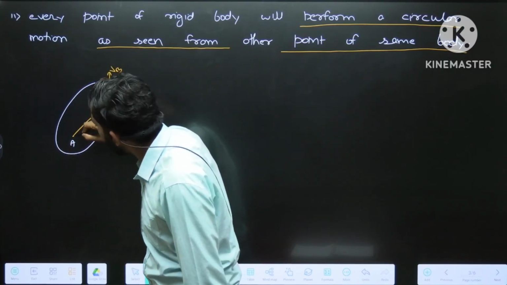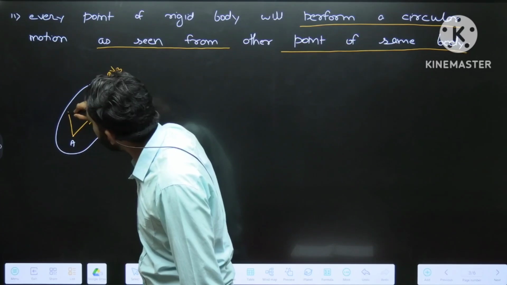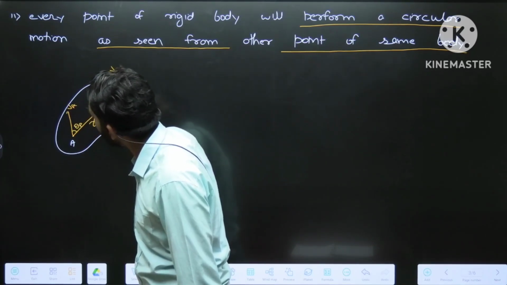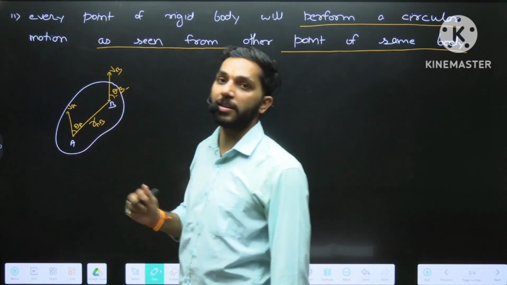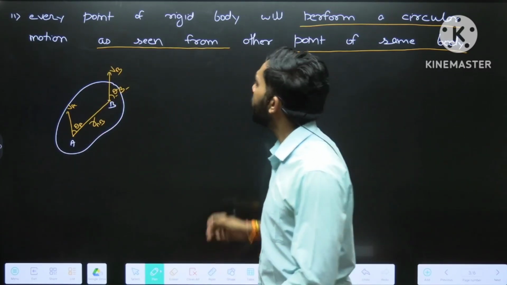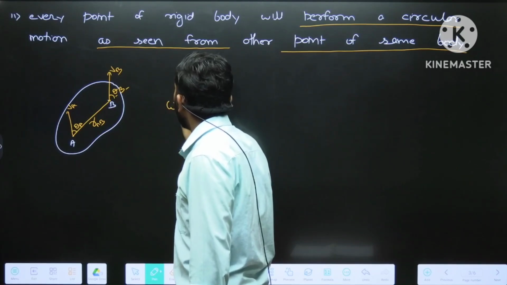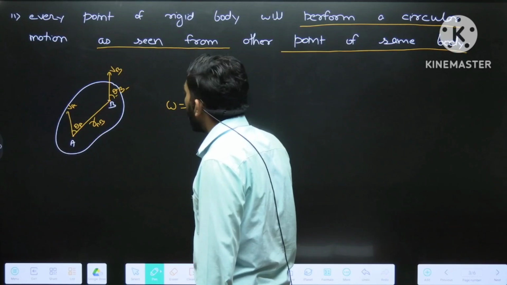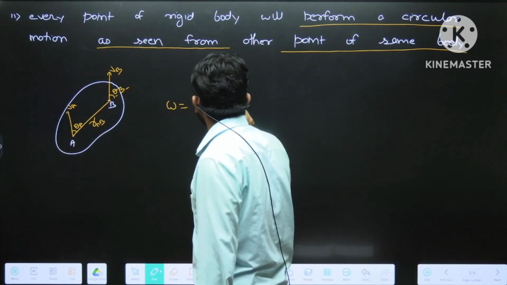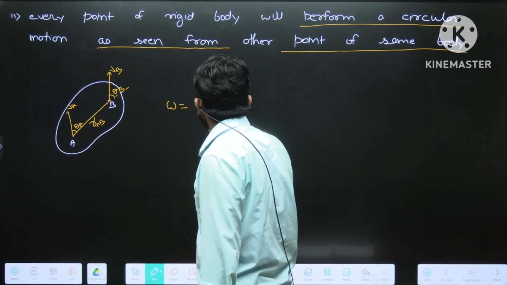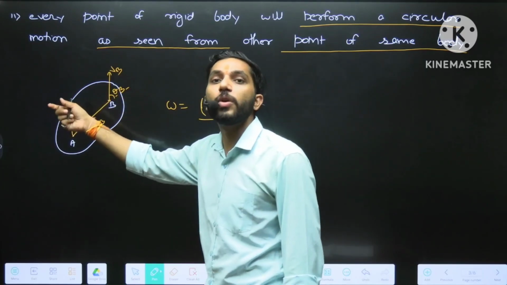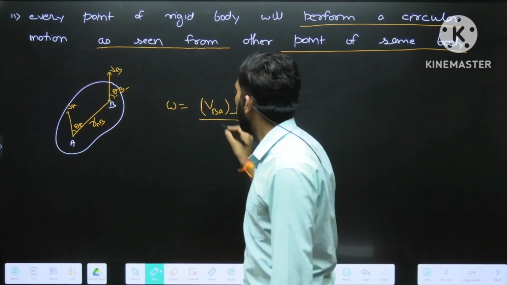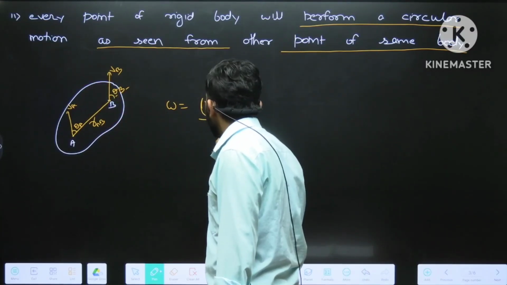At the same time, the velocity of A is VA and this makes an angle theta A with the line joining A and B. If we have to find the angular speed, then what will it be? We know that angular speed is nothing but the relative component of velocity of B with respect to A perpendicular to the line joining A and B, divided by the distance between A and B.